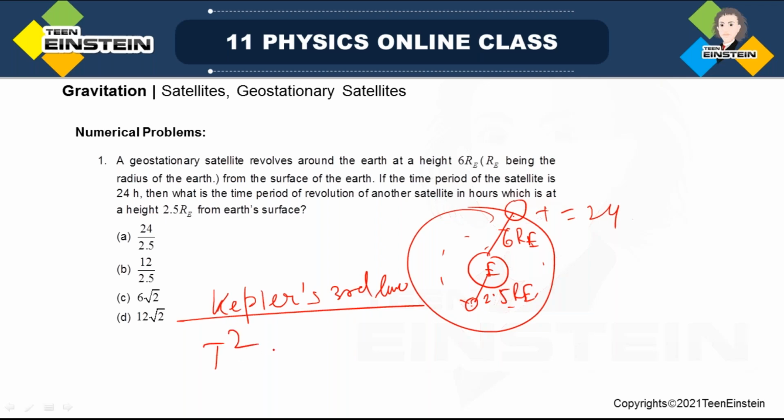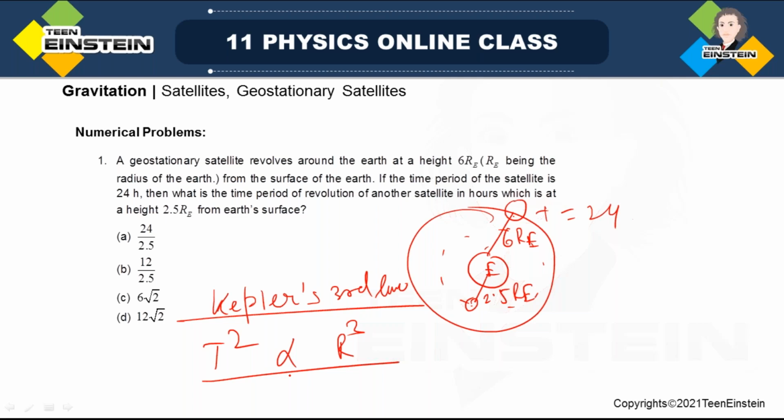What does that law say? T square is proportional to R cube. This is also called the T square R cube law.